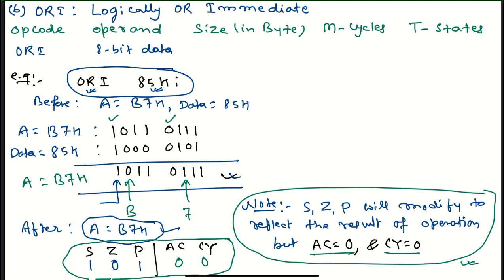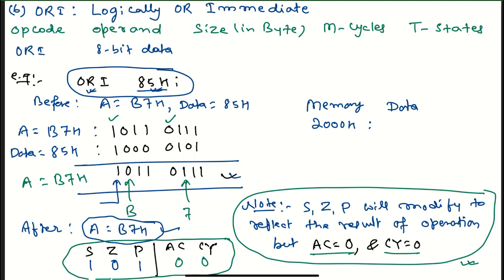That will take 1 byte, and in the very next byte it is going to store this 8 bit immediate data as 85H. Let's say, for example, if I am assuming for this memory address 2000H, as data first it will store the opcode for this ORI.